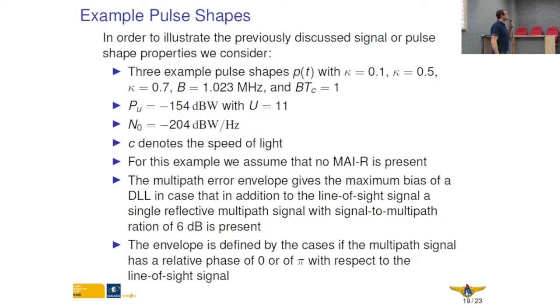So the signal-to-multipath ratio is 6 dB, and the envelope is defined by the cases where the multipath signal is either in phase, with a relative phase of 0 to the line-of-sight signal, or pi, out of phase. This is the constructive and the destructive superposition. Dependent on the delay, these are the 2 phasings with respect to the line-of-sight signal.